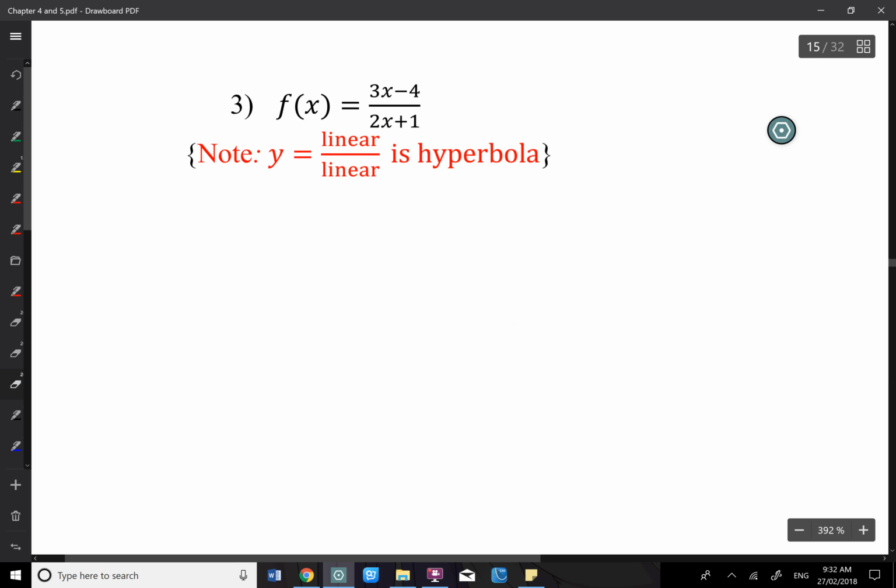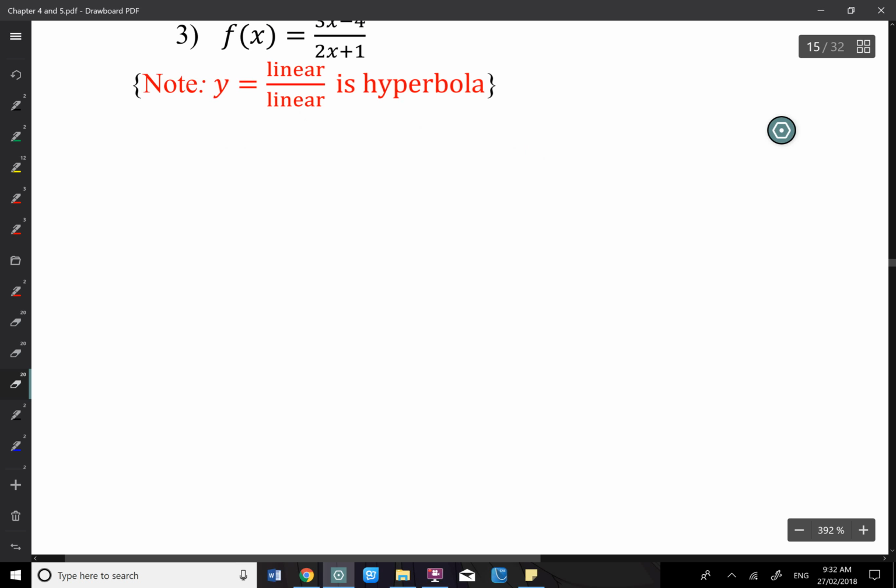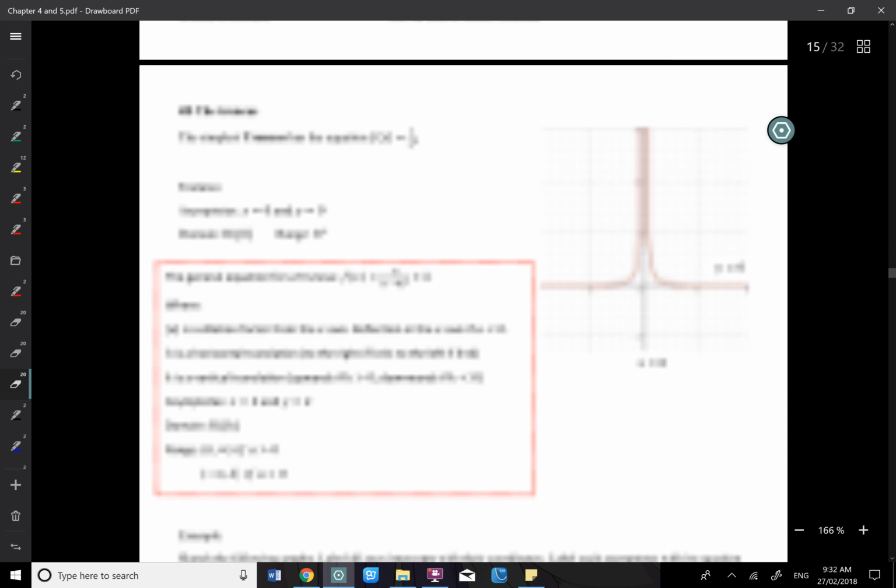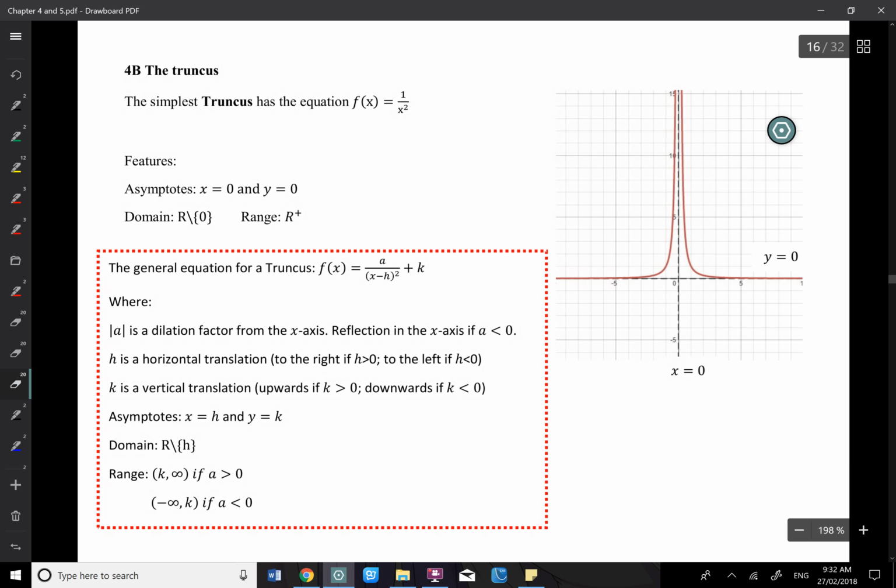Okay, so today we are going to learn something really similar to the hyperbola, called the truncus. It's very, very similar to a hyperbola graph. You can see we still have two asymptotes, x equals 0 and y equals 0, a horizontal one and a vertical one.